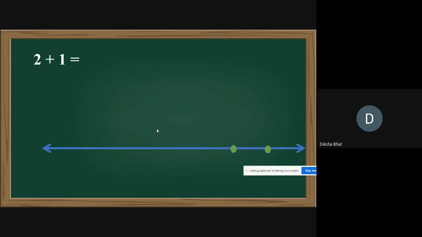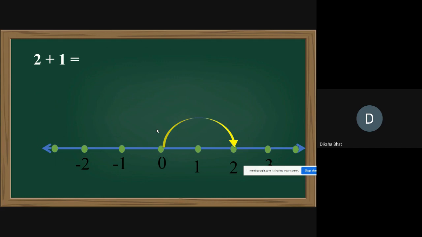Now add these integers using the number line. What is the first step? To mark the numbers on the number line. Yes. Then, which is the first integer? +2. Yes.